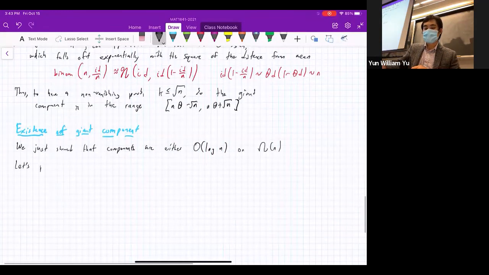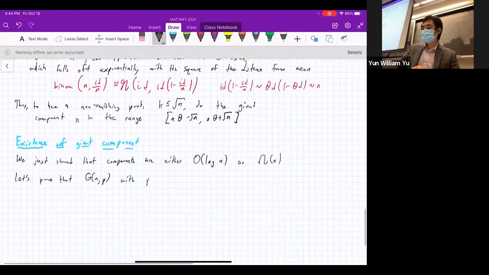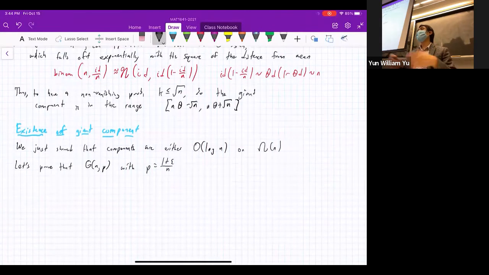So now let's prove that G(n,p) with p equal to (1 plus epsilon) over n has a giant component with high probability, with 0 less than epsilon less than 1 over 8. Earlier we were just saying that p is some d over n. We didn't specify exactly what d was, except we characterized it in the context where d is greater than 1. So now let's assume that p is at least epsilon bigger than 1 over n.